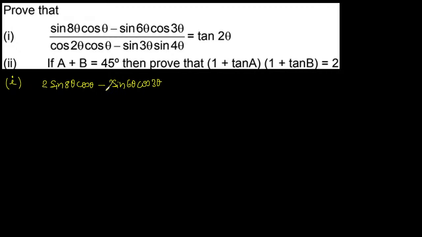We have multiplied by 2 and we are dividing it by 2. 2 cos 2 theta cos theta minus 2 sin 3 theta sin 4 theta.